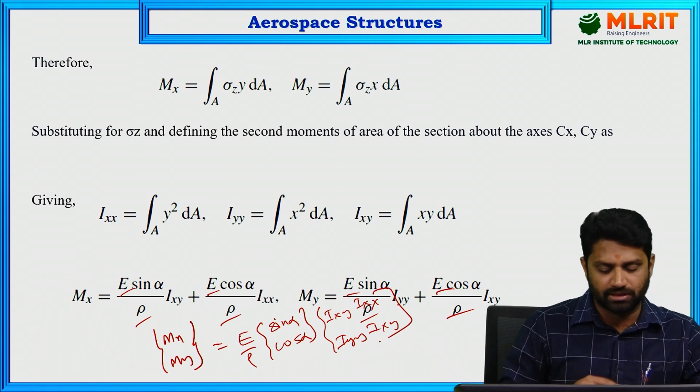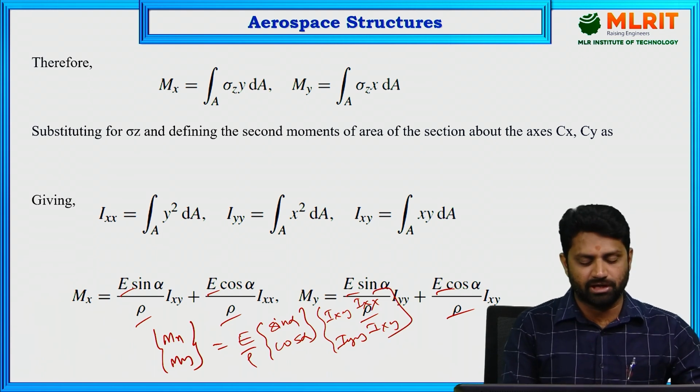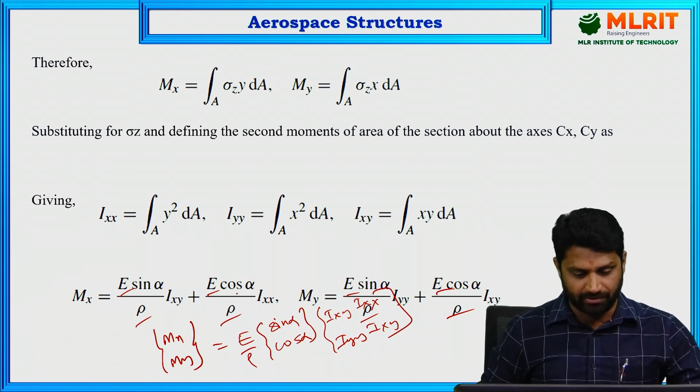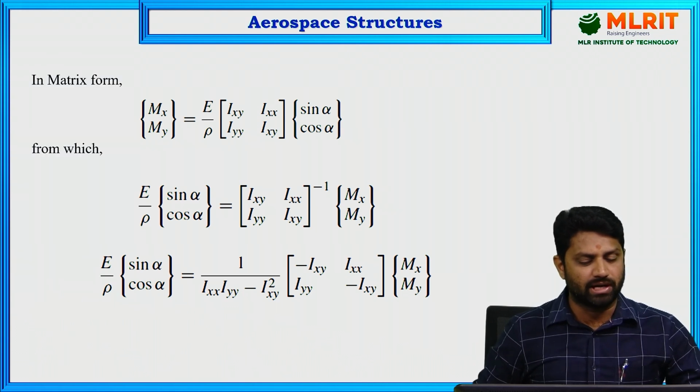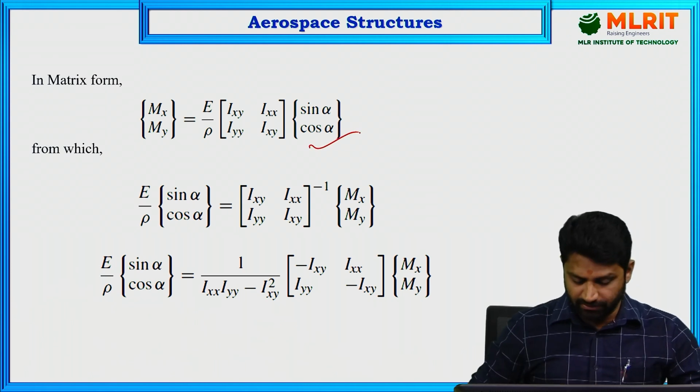In this way you can write out the matrix form. If you multiply, you are going to get the same equations. So Mx My can be written as E by rho, Ixy, Ixx, Iyy, Ixy, into sin alpha cos alpha.